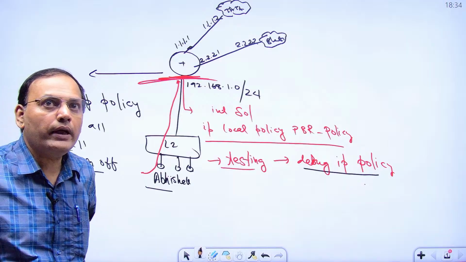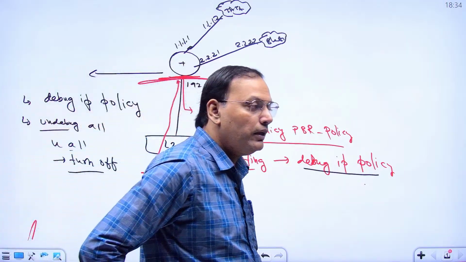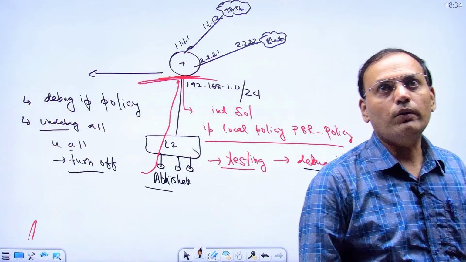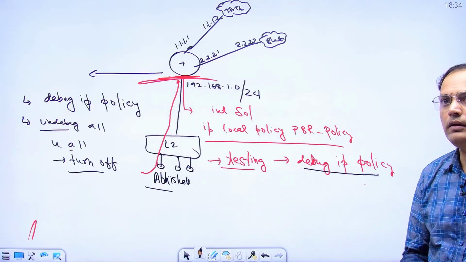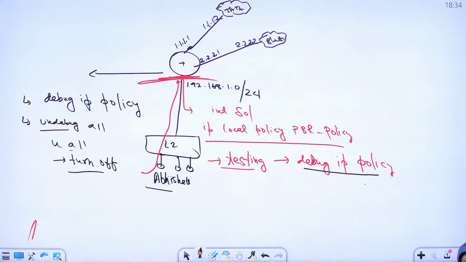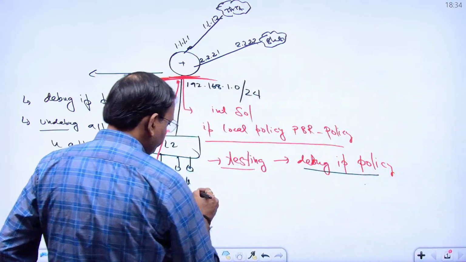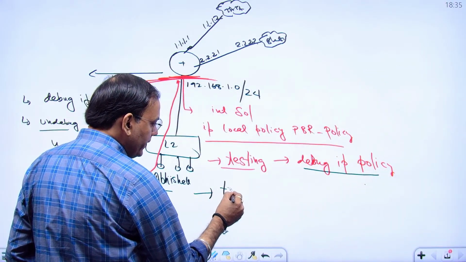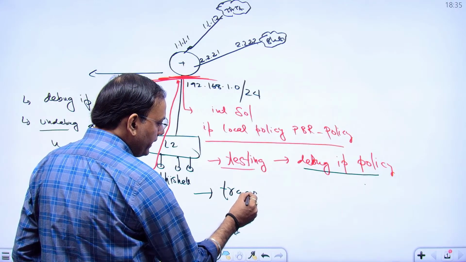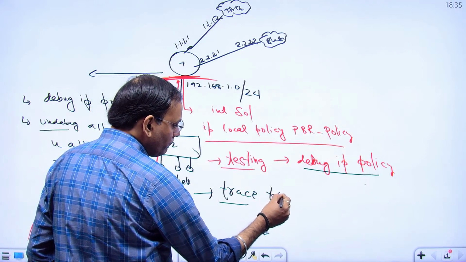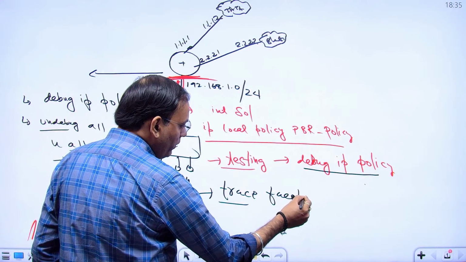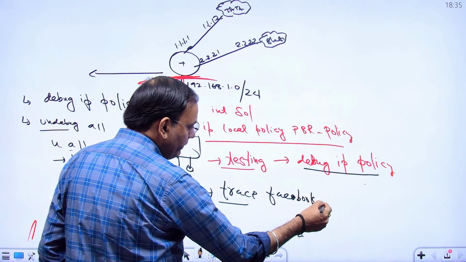Whenever you are doing any PBR configuration in real life, and your PBR is not working, there is one command, debug IP policy, that will tell you whether your policy is working or not. So ask your customer to trace the internet, means trace the Facebook IP and Google IP from the laptop.